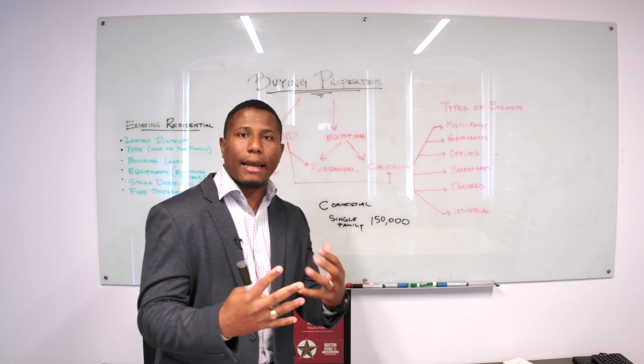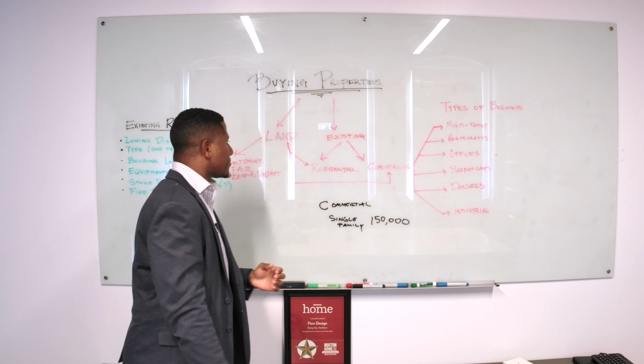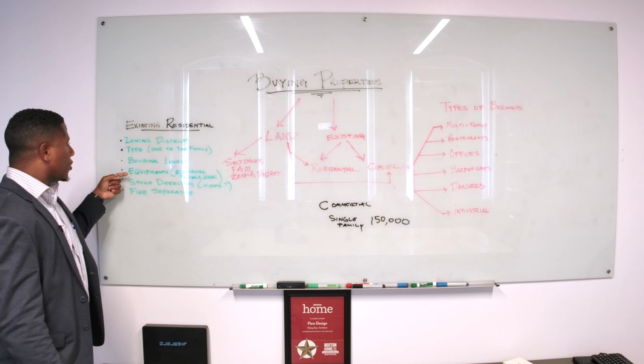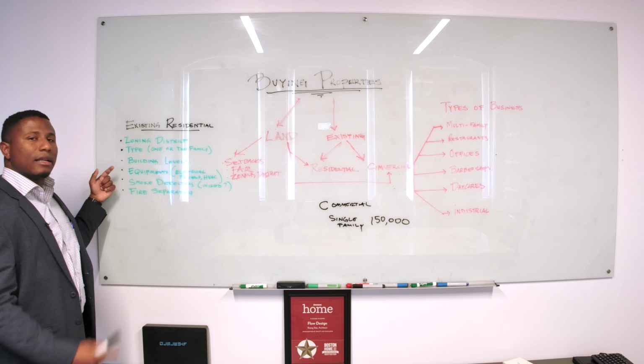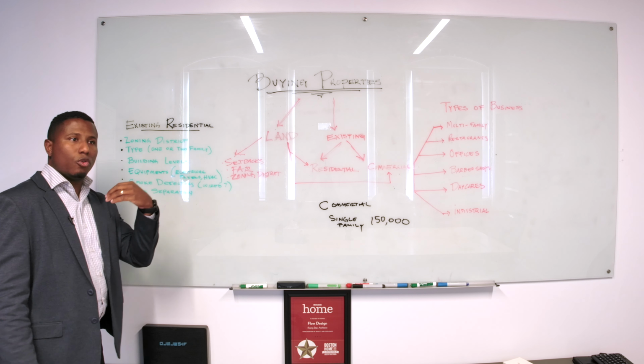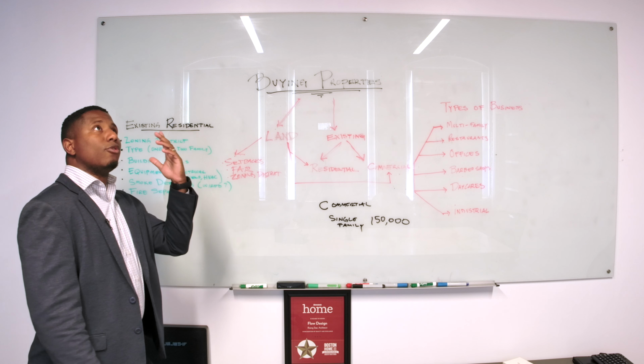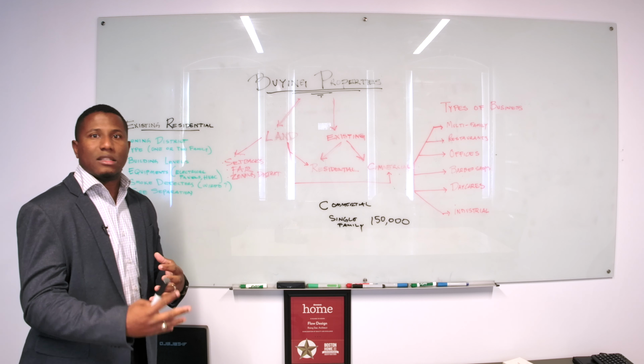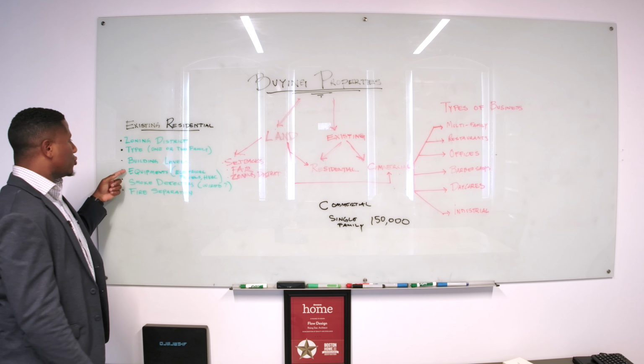So it's going to add value to your property. Now that we've talked about equipment areas and electrical panels, make sure you walk around the property and understand, is my roof leaking? Make sure you understand those things.